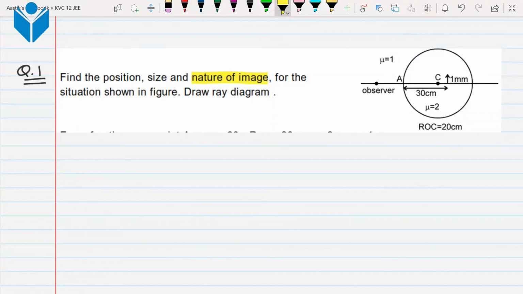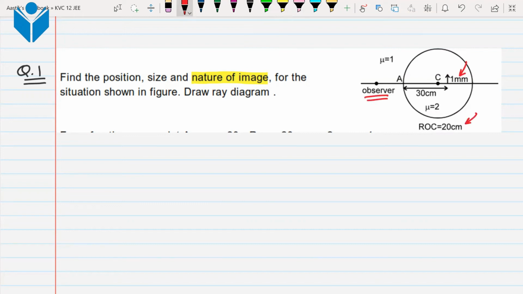Welcome back, everyone. This is the question that we are going to do. We have an object, as you can see, of height 1 mm. The observer is in air.